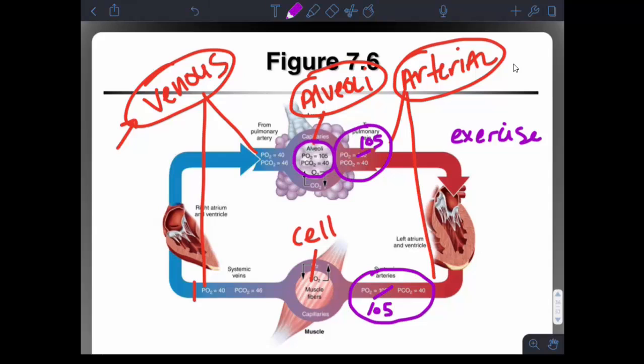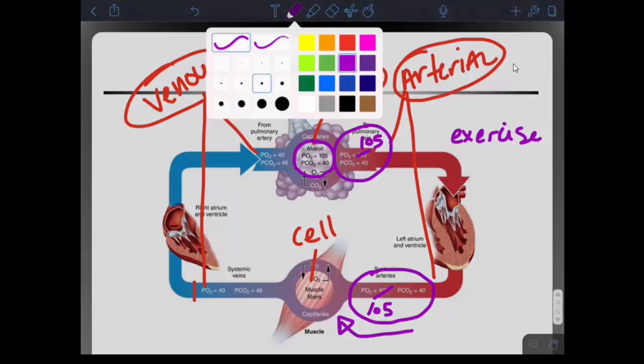Okay? So basically, what's in the alveoli and what's on the arterial side is the same during rest with exercise. The body is always going to equilibrate back to 105 and 40, and therefore that's what's always going to end up coming into the cells. Now, what does change during exercise is what's going on in the cell, right?